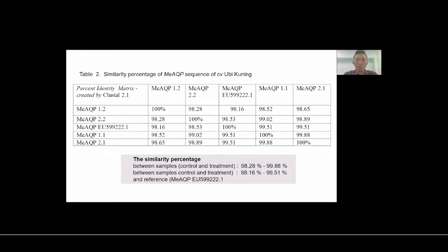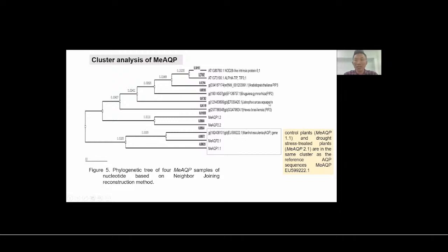For cluster analysis, control plants, NEAQB 1.1, and the group of stress treated plants, NEAQB 2.1, are in the same cluster as the reference aquaporin sequence, which was NEAQB AU 59222.1.